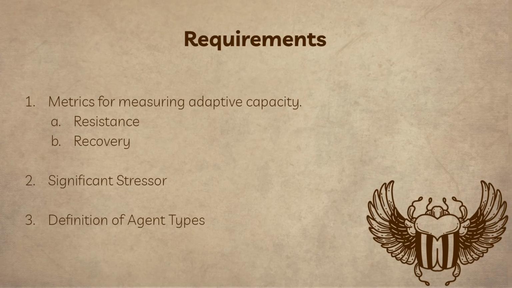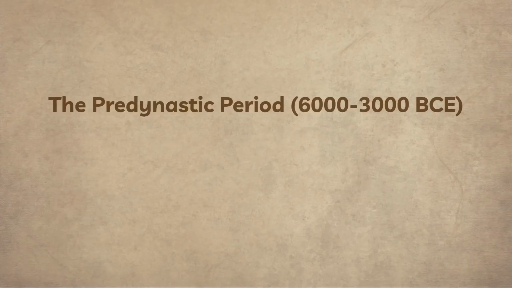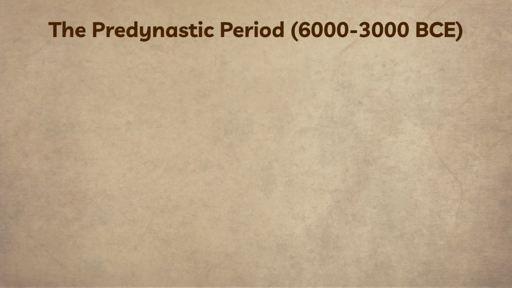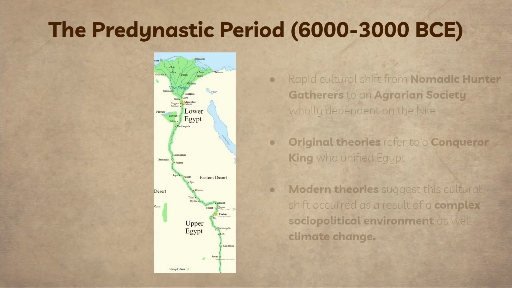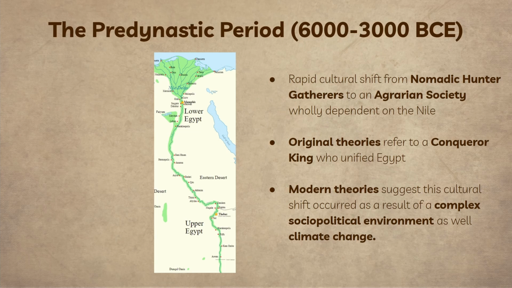That brings us to our stressor event, the Predynastic Period. Approximately 3,000 years in length, this period refers to the time in ancient Egyptian history whereby there was a rapid cultural shift from nomadic hunter-gatherers to the ancient Egyptian kingdom we are most familiar with, an agrarian society wholly dependent on the Nile.